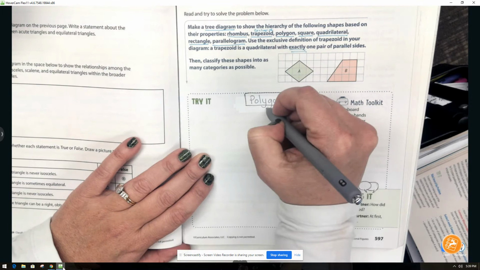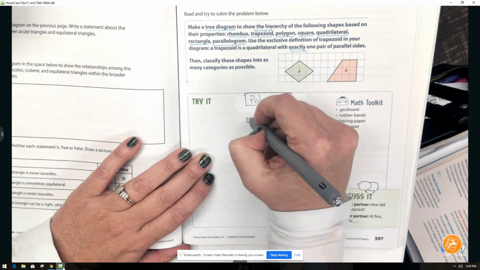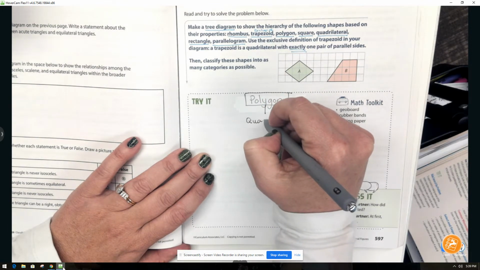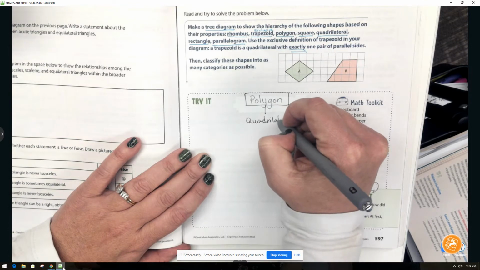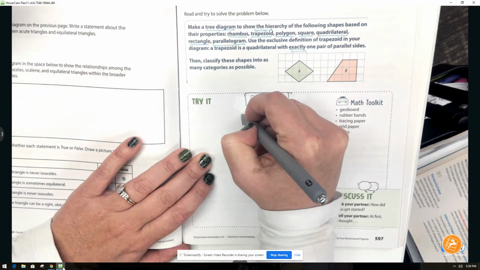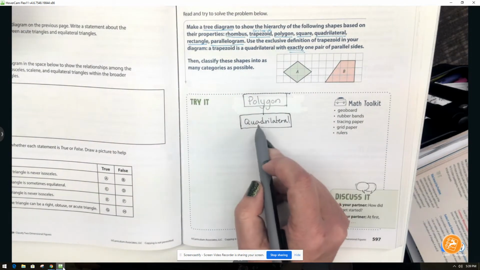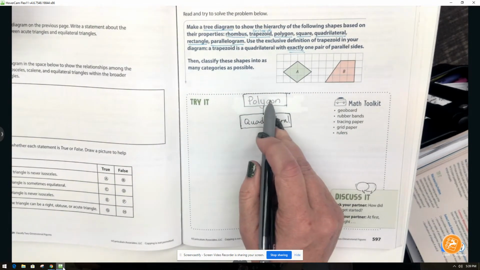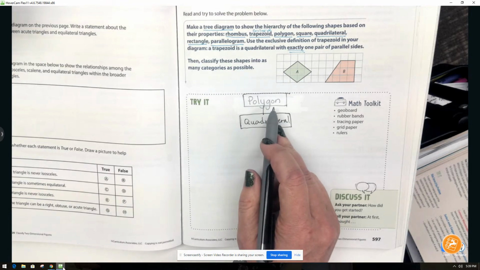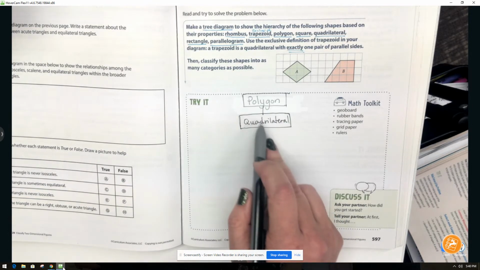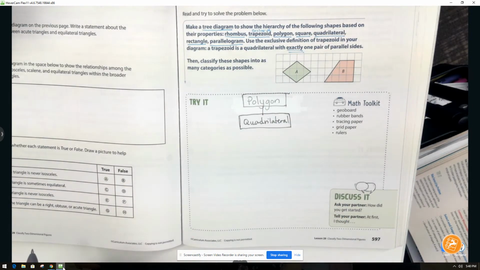And then a subcategory of polygon is going to be quadrilateral, because all quadrilaterals are polygons, because quadrilaterals have 4 sides. Polygon has 3 or more sides, therefore a quadrilateral is also a polygon.